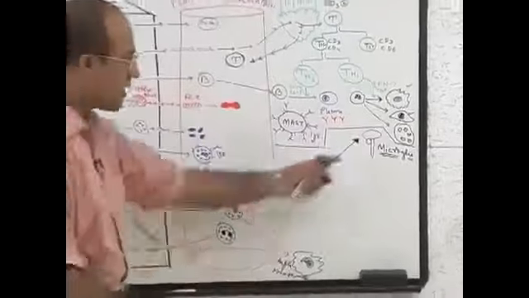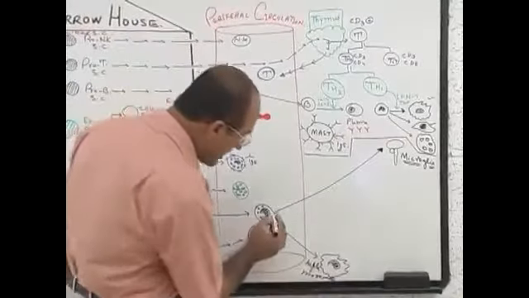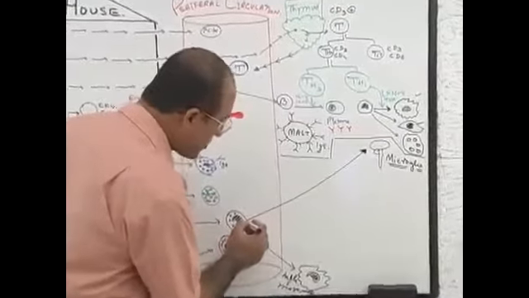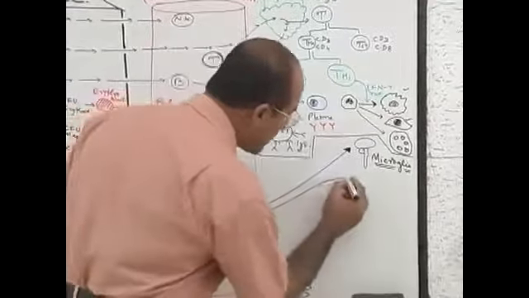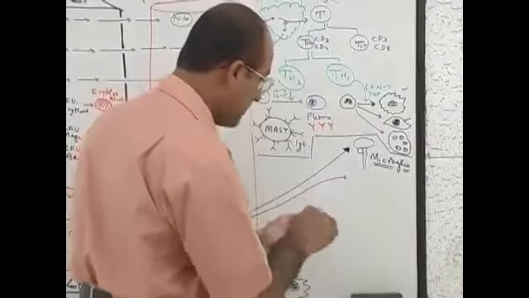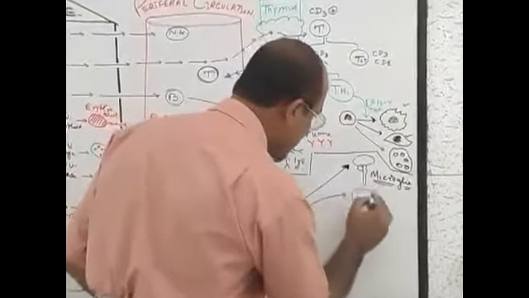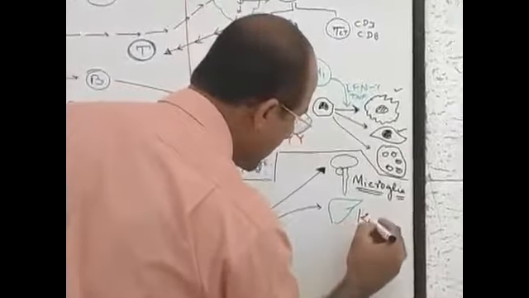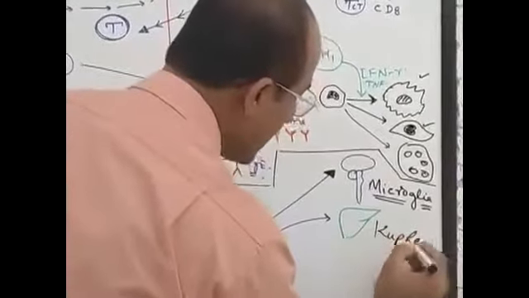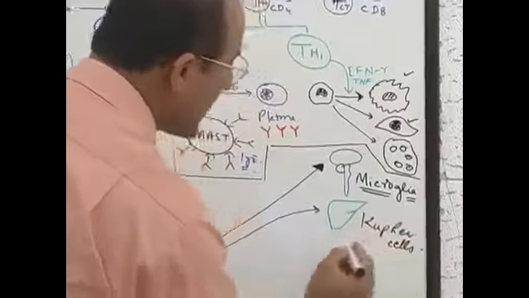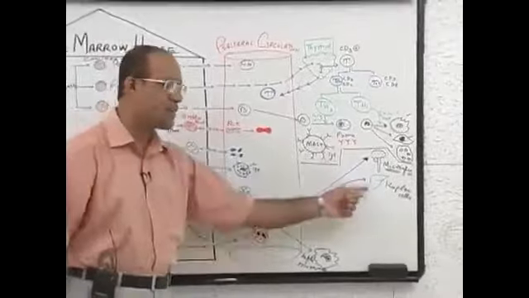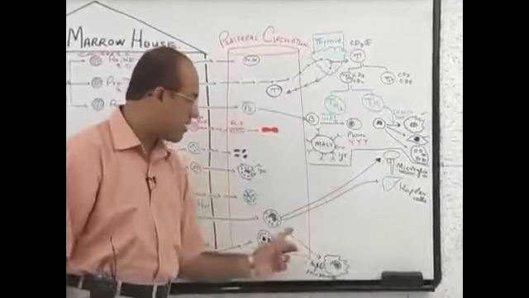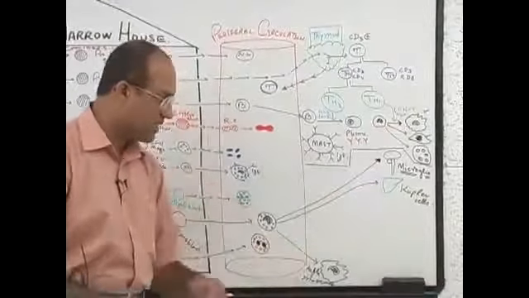Then there are other cells, some of which shift to the liver. And when they shift to the liver, these cells are called, yes, Kupffer cells. So hepatic Kupffer cells are basically permanently resident macrophages which are normally in the liver.